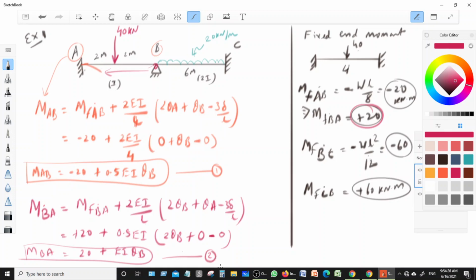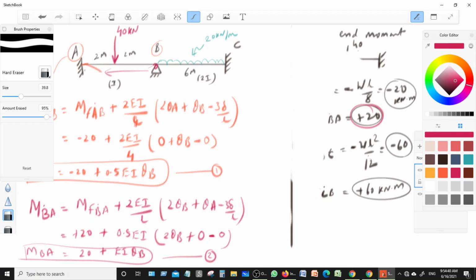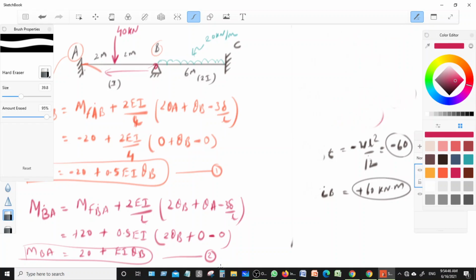Now we apply the same equation for our span BC, and we find out another two equations, and then after we will solve those equations by getting the particular value of theta B.